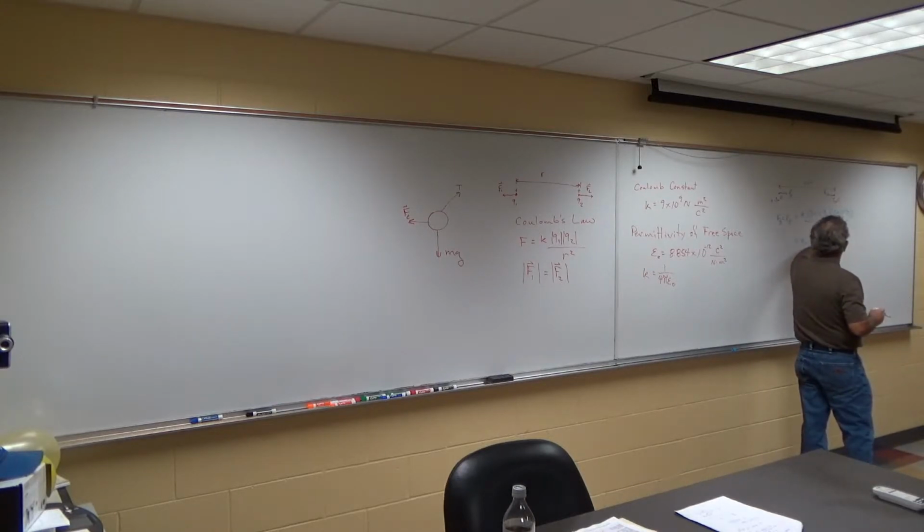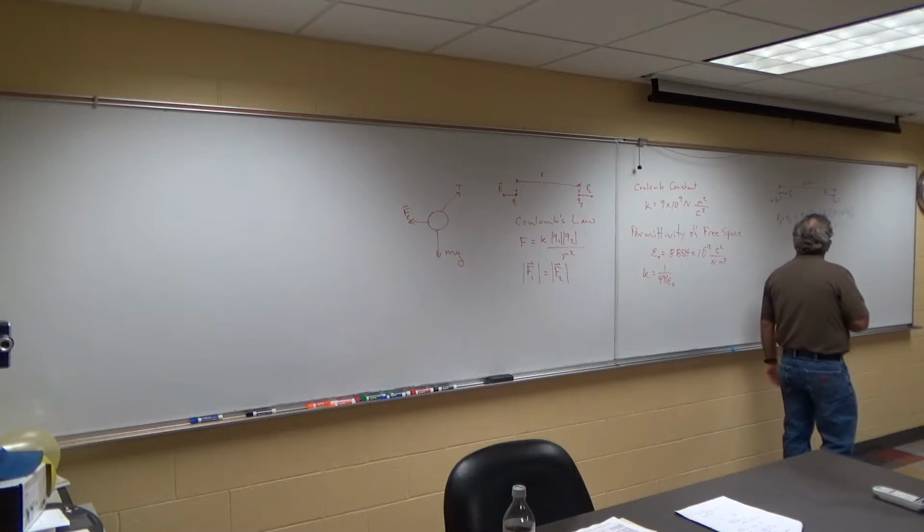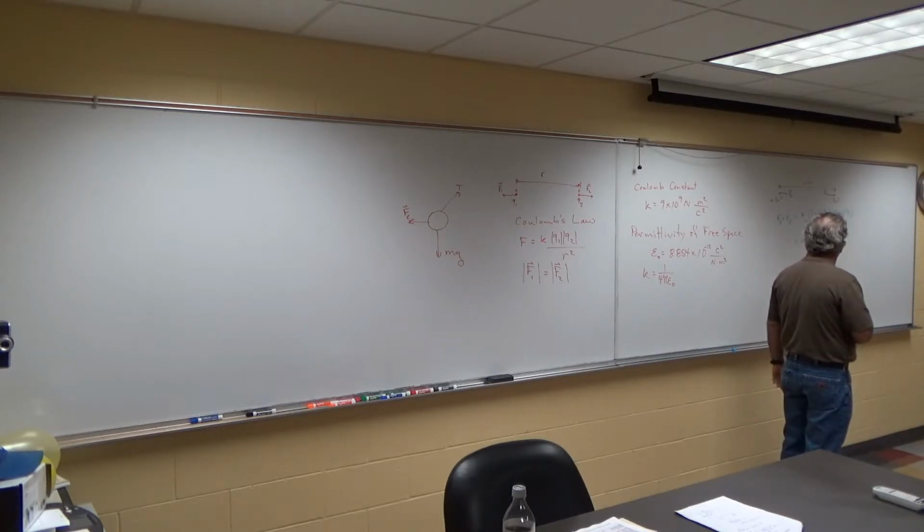I multiplied all of the top together already, and I got 27 over 200. Well, what happened to the 10 to the negative 6? I multiplied all of the top together already. Oh, yeah, okay. That's what I got.